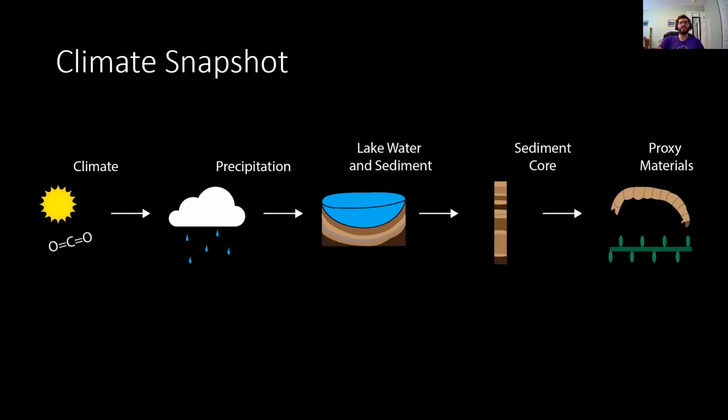The schematic shown here demonstrates how I use bug parts and mosses from lake mud to reconstruct past climate change. Climate change drivers, like greenhouse gases and solar cycles, alter Earth's temperature. These changes in temperature then, in turn, alter the oxygen isotope chemistry of precipitation, which ends up in lakes as lake water.